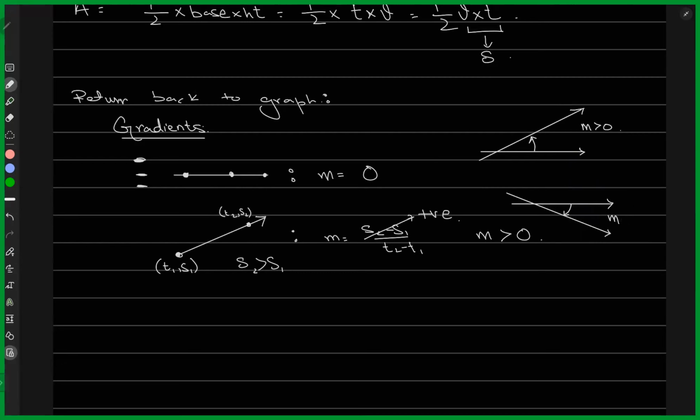So in this case, the gradient is less than 0. And if I just draw this horizontal line on the horizontal, the gradient would be 0 because there is no angle between the two lines. Okay, so that's your straight lines.